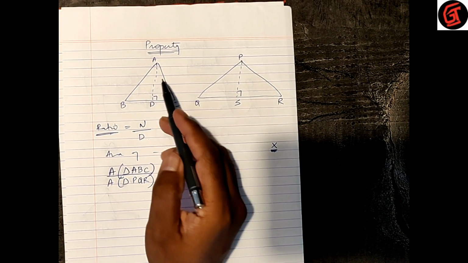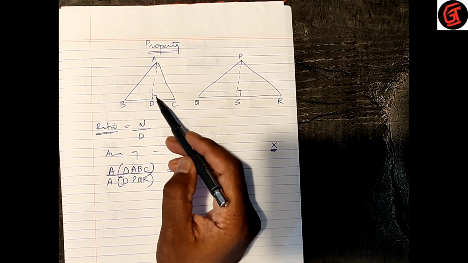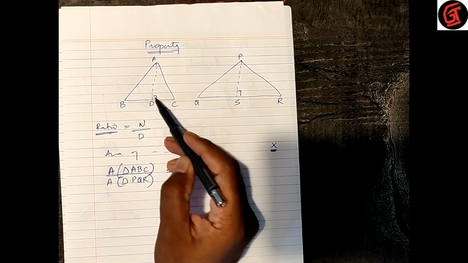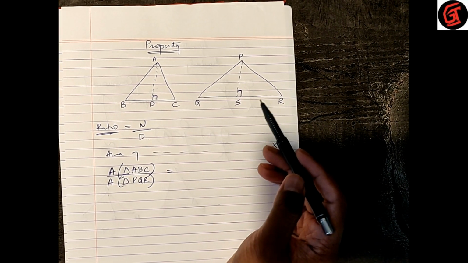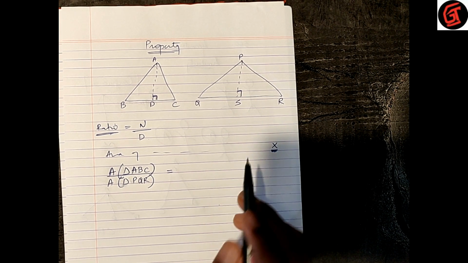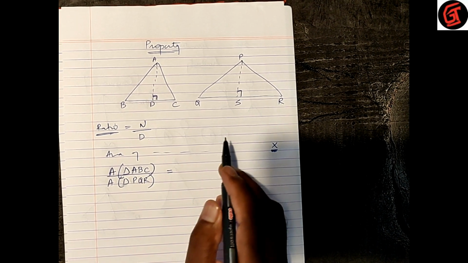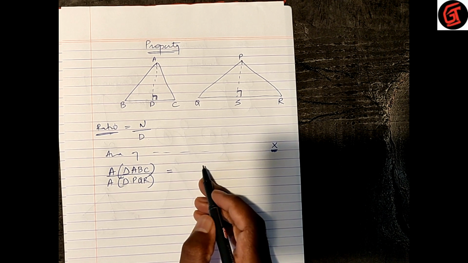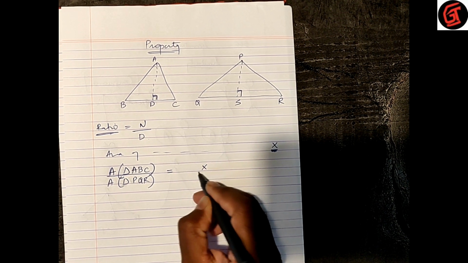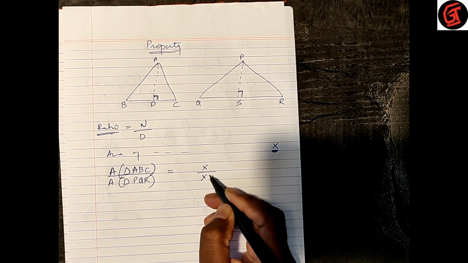So a segment which is drawn from the vertex to a particular point on the opposite side, making an angle of 90 degrees, is called a height or an altitude. Here again I repeat the statement: the ratio of areas of two triangles is equal to the ratio of the product of their bases.